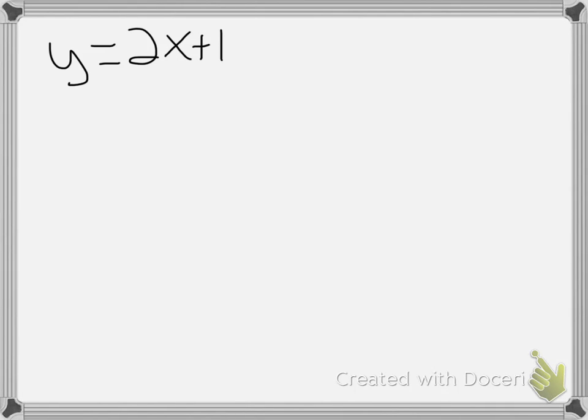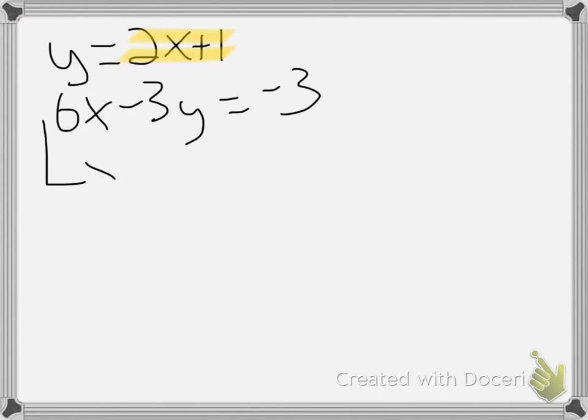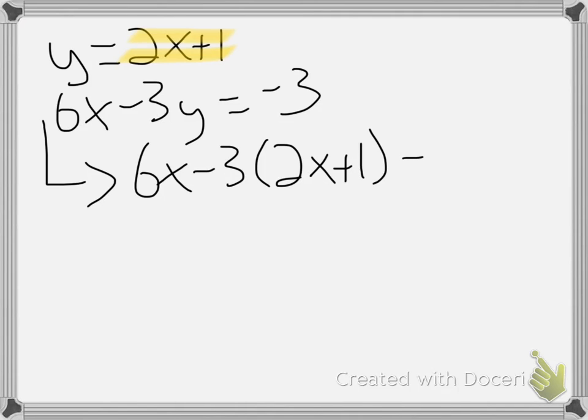And then we're going to have 6x minus 3y equals negative 3. So again, this is our important part, right? We're going to substitute that in the other equation. So 6x minus 3 times 2x plus 1 equals negative 3. Let's do the work.